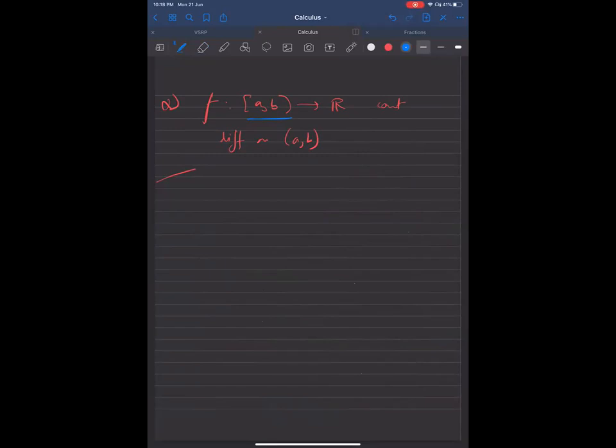coming back to the problem, f is a function from A to B, defined in the usual way for any problem. It's also given that there exists an x naught in (a, b) such that this is 0.